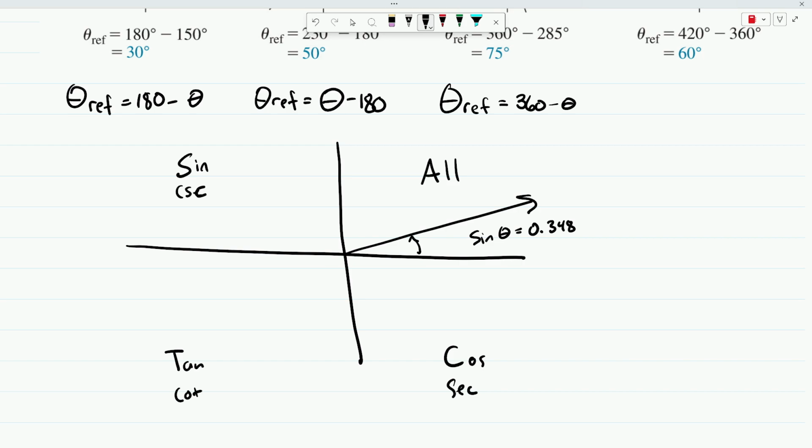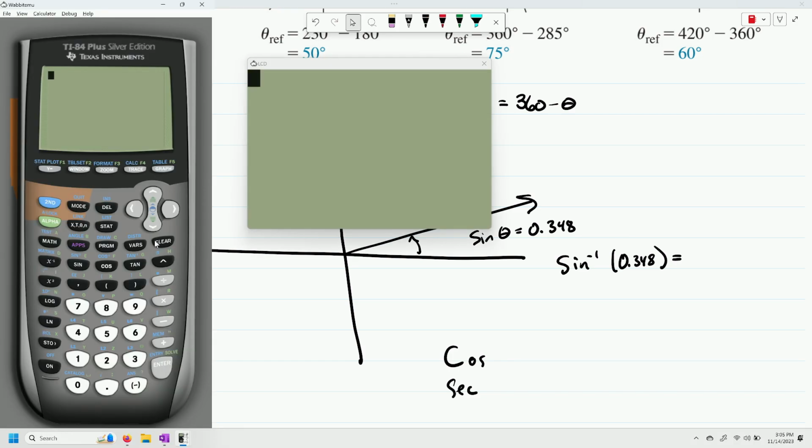Well, if you wanted to figure out what theta is here, remember, we would take the inverse sine of 0.348, and that's going to equal, let me get out my calculator real quick.